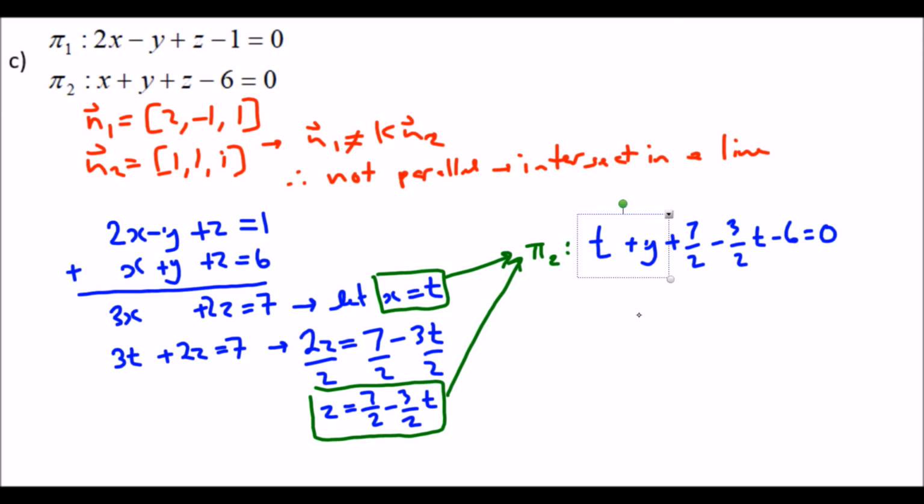So here we go, isolate for y. If I just add some like terms here, I've got y. Now t minus 3 over 2 t is minus 1/2 t. So I've taken care of my t's. And then I've got a 7 over 2, which is really 3.5, minus 6.